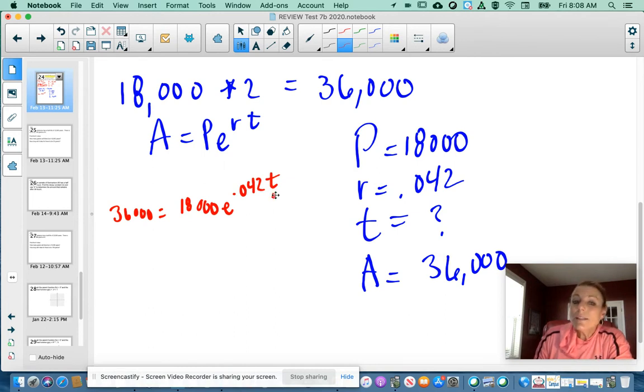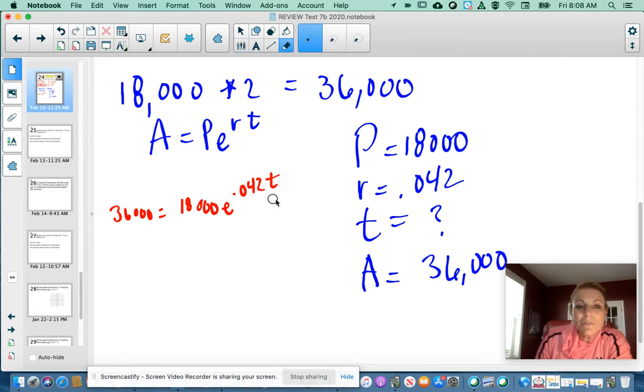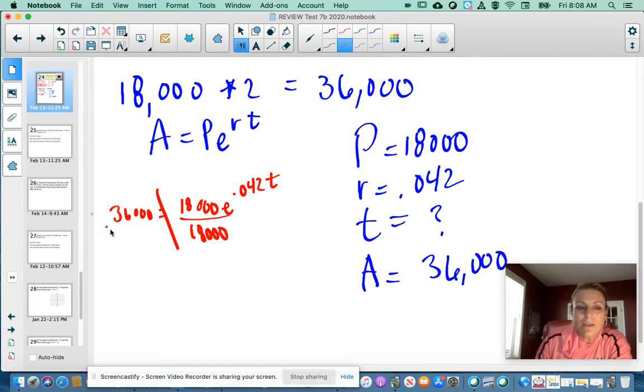I have to get that t in front. So I have to play baseball. But the only way I can play baseball is if I have a log or a natural log. Well, we're dealing with e, so obviously we need a natural log, but I can't natural log that e because the 18,000 is in the way. So I'm going to divide both sides by 18,000 right now.